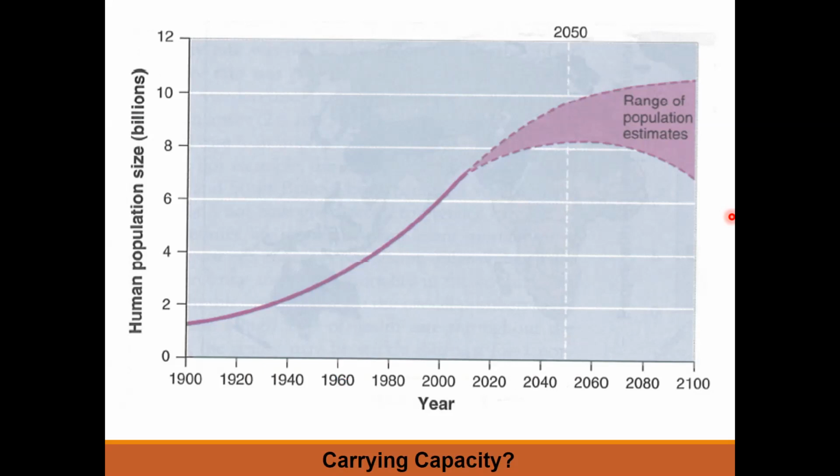So the question is when. Some of the higher estimates say maybe we could support 14 to 15 billion people on the planet. Some of the lower estimates say no, when we get to 10, we're going to be in trouble. This is what we're trying to understand, and it's one of the things we're faced with when we're trying to think about how to be more stable in the Anthropocene.